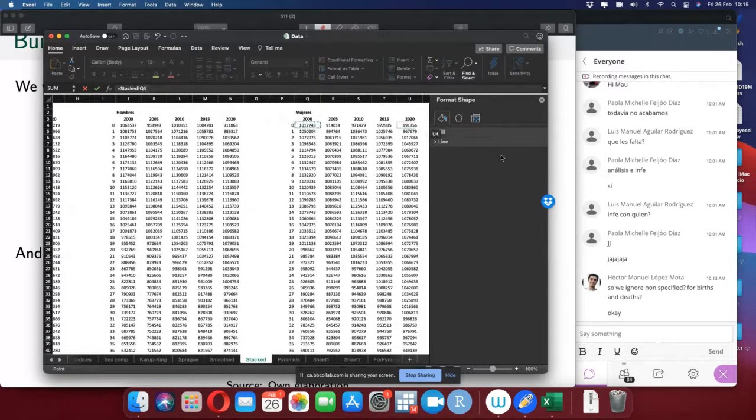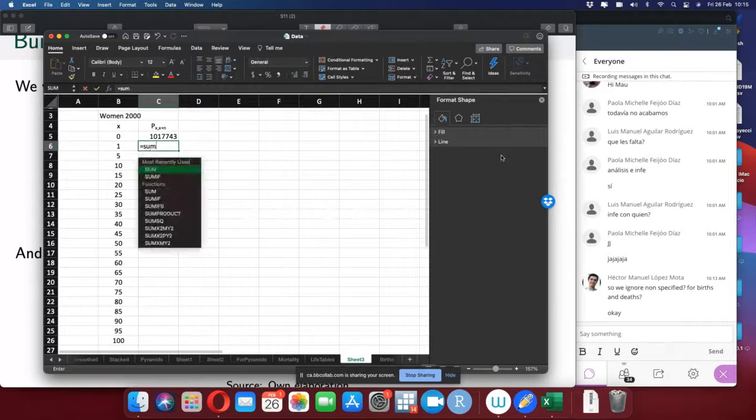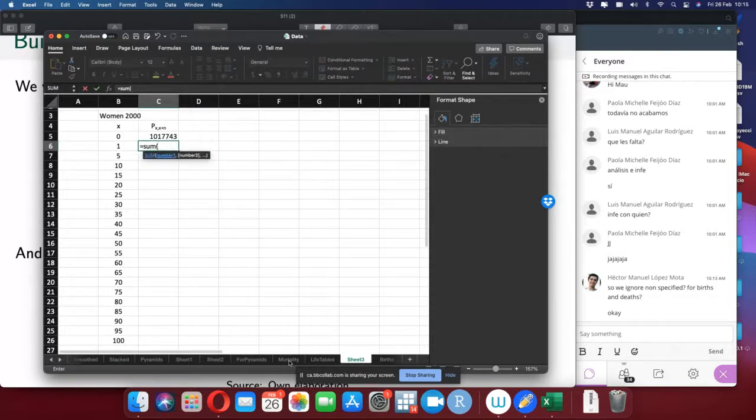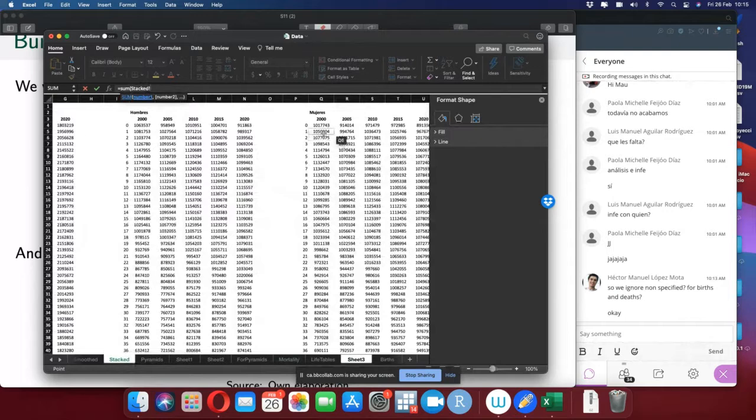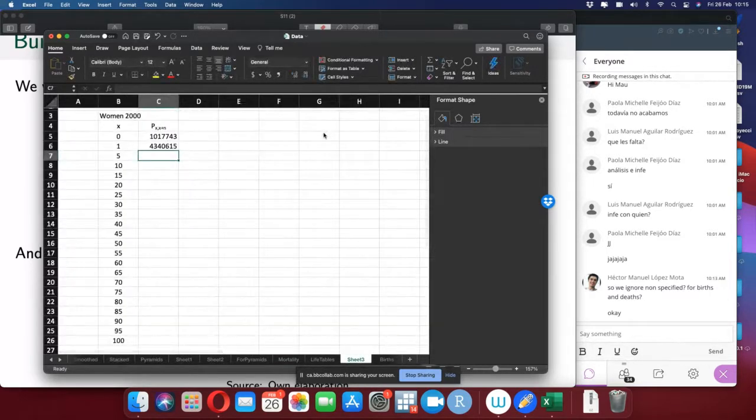So this is age 0, and then I'm going to get 1 through 4. These are the two populations that I got from the individual ages.